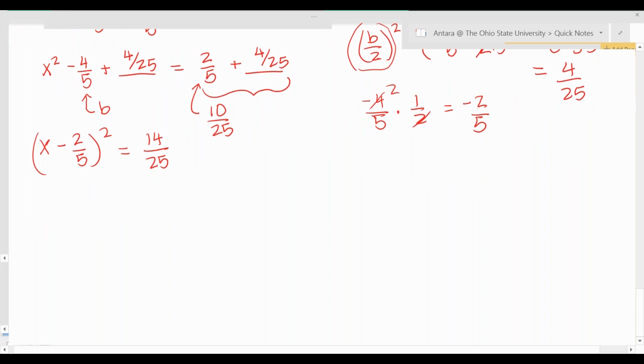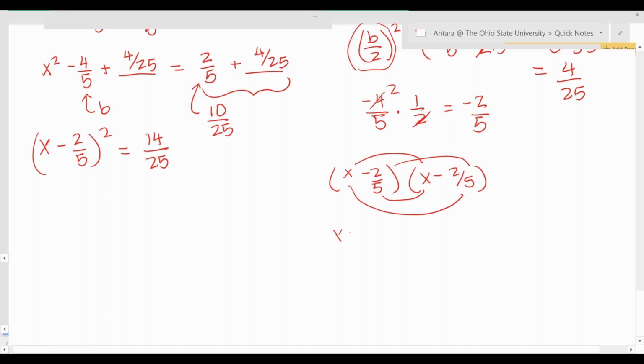Just to check that the left side, x minus 2/5 squared, is the same as what we started with, we're going to FOIL again. It's always good to check, just to know if you're doing it right.